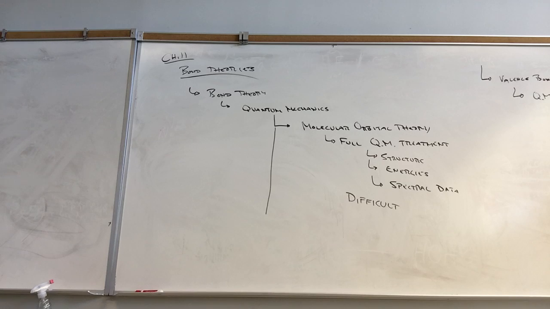But with the light version, you have to sacrifice something, and the things you sacrifice are in terms of accuracy. That is, typically, we don't get things like spectral data. Spectral data is not obtained using valence bond theory. Sometimes the structures and the energies will be off.